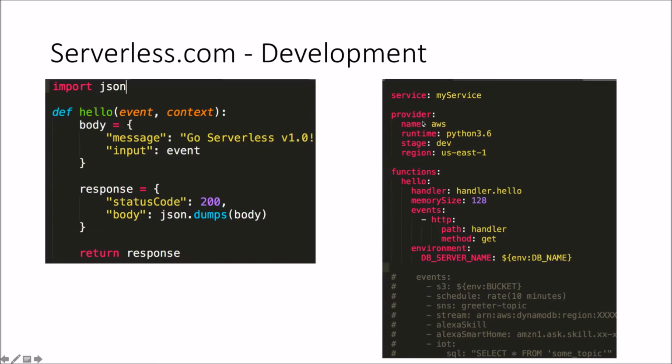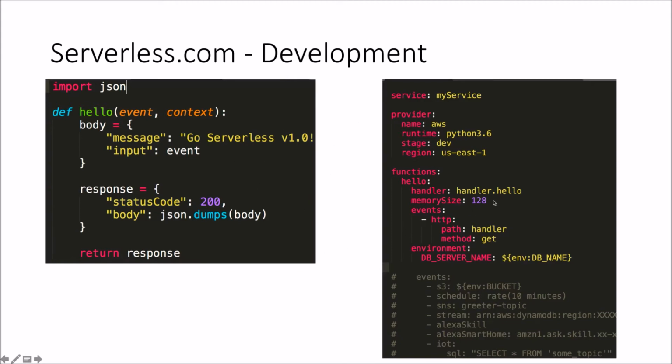So here you can specify under provider that it's AWS, and specifics of the runtime, in this case Python, and various other attributes of that provider. And then finally, we have the function here. In the function, we are calling this function hello, and we are pointing it to this handler, handler.hello. So that's tying it to this piece of code here.